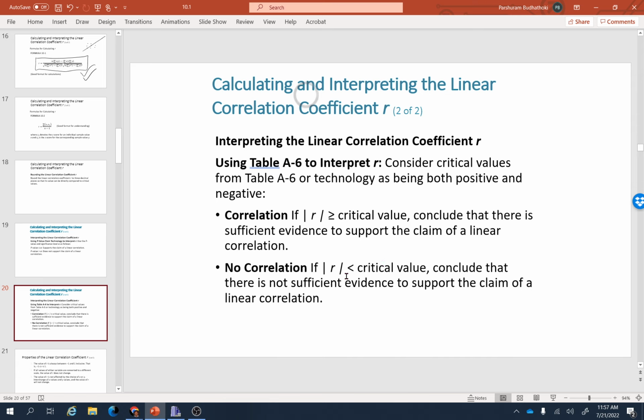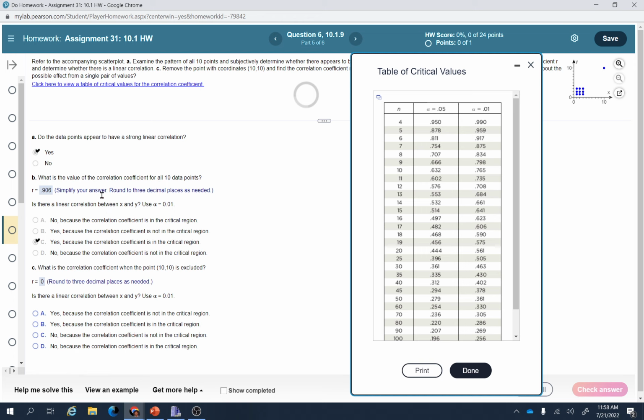We use the absolute value sign when the correlation coefficient is negative, so make sure that you are using the absolute value. For a positive value it doesn't matter. The only thing that matters here is that the correlation coefficient is less than the critical value 0.798, so they are not correlated. So our answer should be C or D.